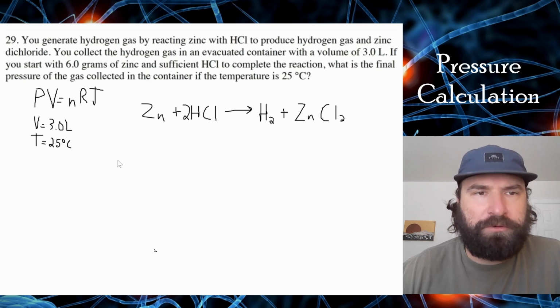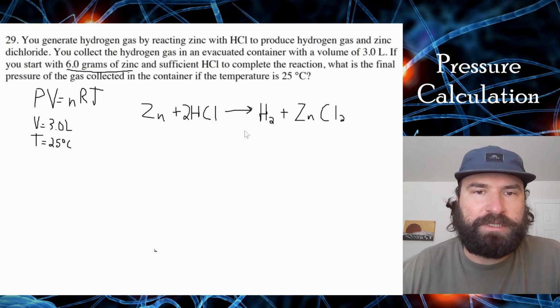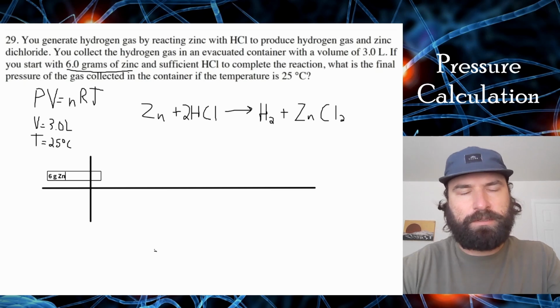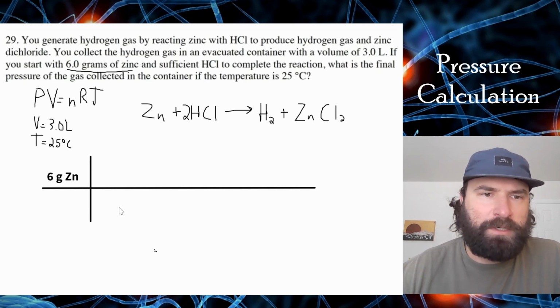So now what we're going to do is some dimensional analysis to try to turn this 6 grams of zinc into moles of hydrogen gas, because the gas is what's going to dictate the pressure in this situation. So we're starting out with 6 grams of zinc, and we're trying to get to moles of hydrogen.